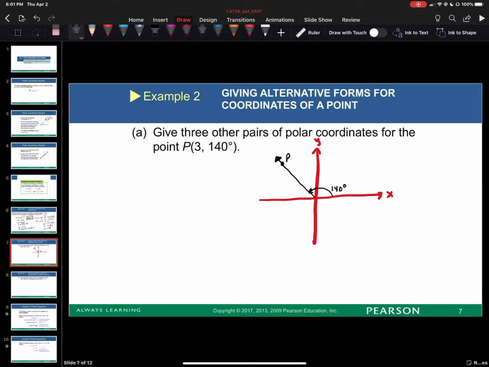So if we came the other direction, this right here is negative 220 degrees. So these two, we have P of 3, 140, and then we have P of 3 and negative 220. All right?